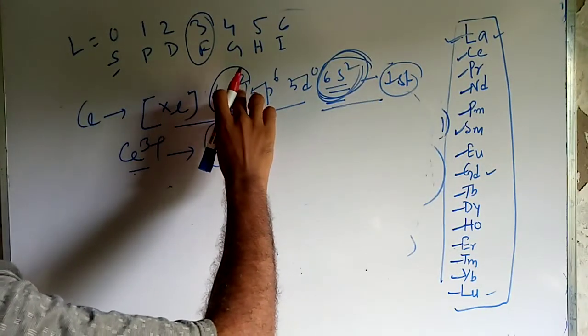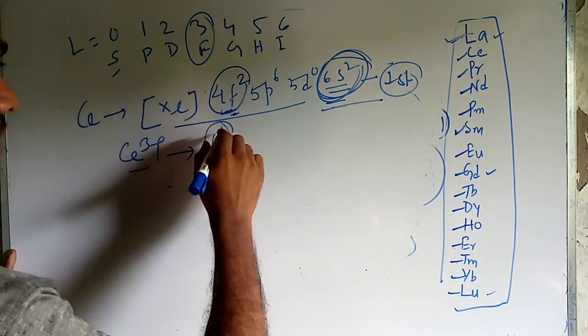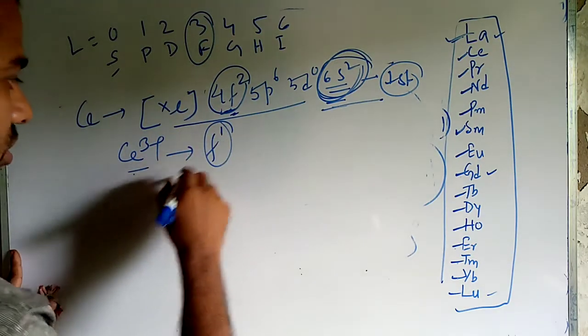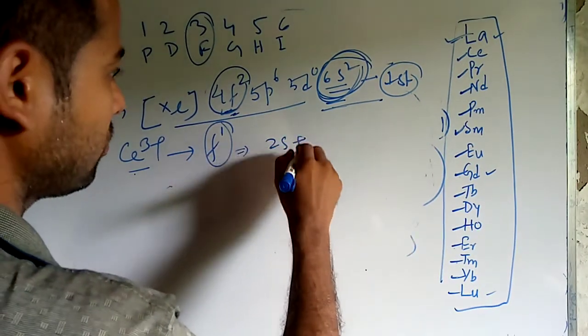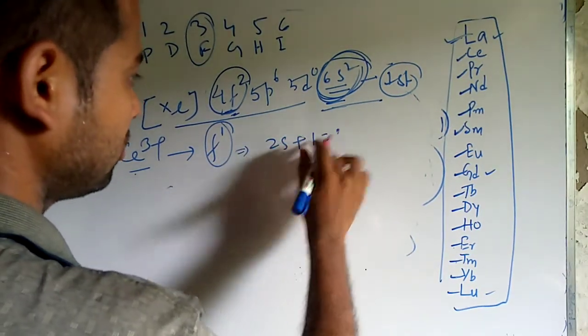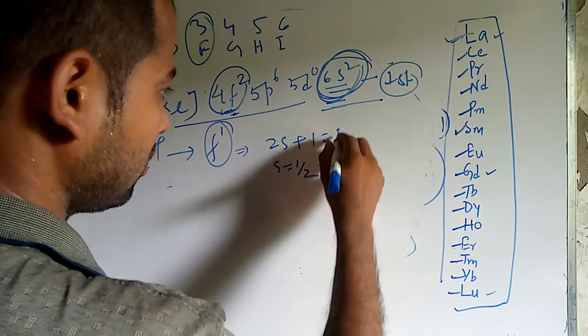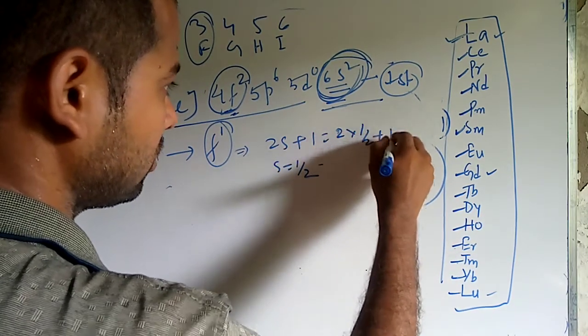Then 1 electron will be removed from here. This is actually 4f1. If you consider 2S plus 1, S equal to half, then 2 into half plus 1 is 2.